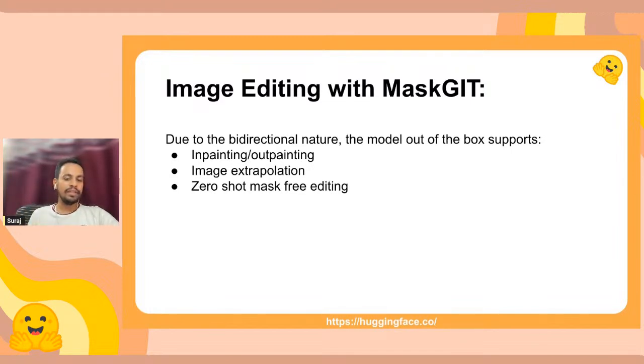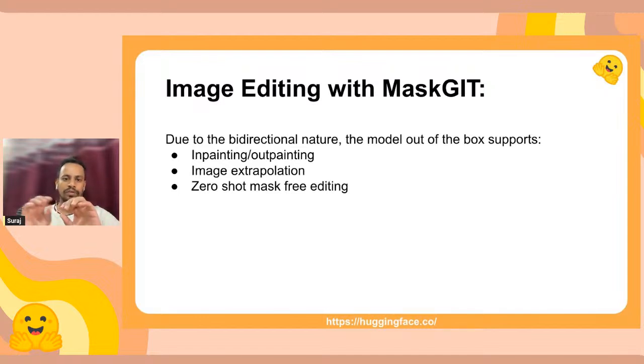Another cool thing, apart from these models being fast, is that due to their nature of training, they support a lot of image editing tasks out of the box. For example, they can do zero-shot inpainting or outpainting, image extrapolation, and zero-shot mask-free editing.